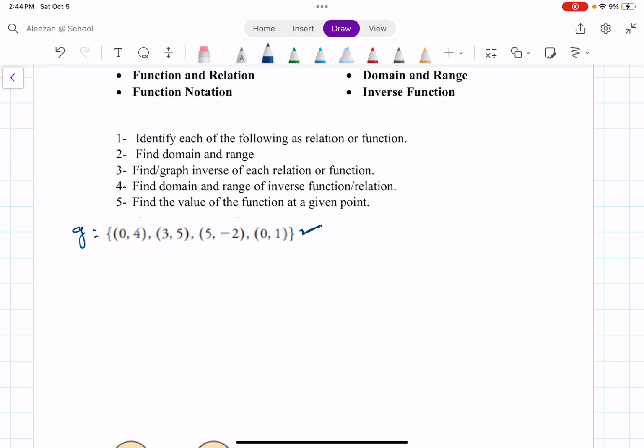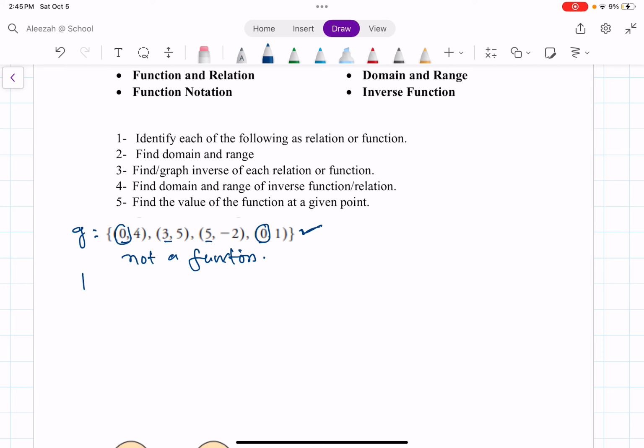So here we have to identify whether it's a function or not. Just look at the x values of each ordered pair, and we can see that the x value is repeating here. So it means it's not a function. It means it is just a relation. Then we have to write the domain and range of this relation.